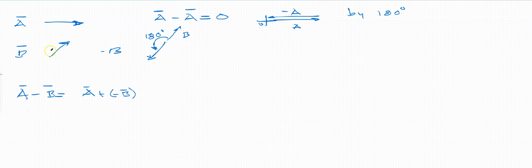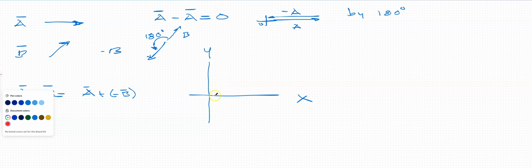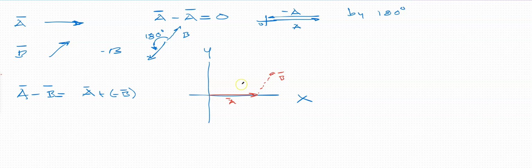So let's do A minus B using these two vectors. First we plot X and Y, and then I will do A. If I were to do plus B, I would put B here, right? That will be my B, and this here will be A plus B. But I don't want to add B, I want to subtract B. So I'm going to plot B in the opposite direction.